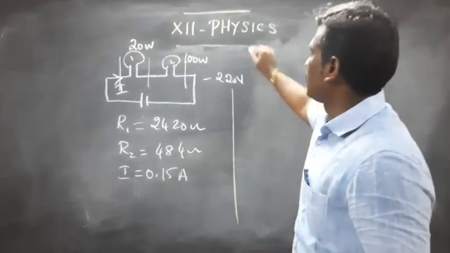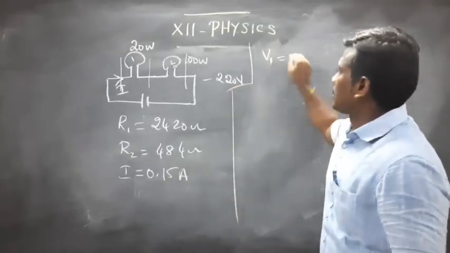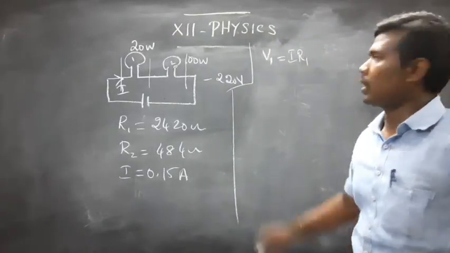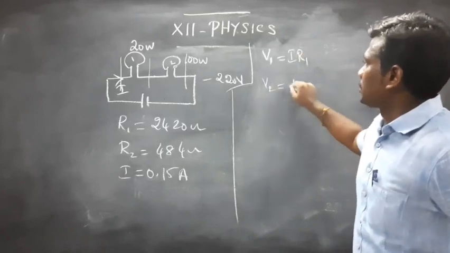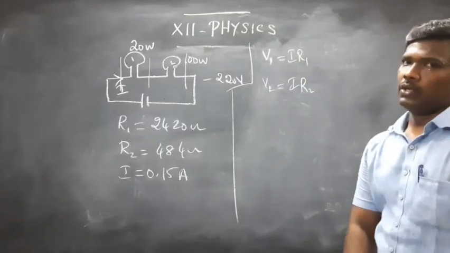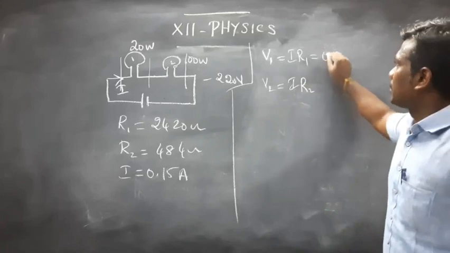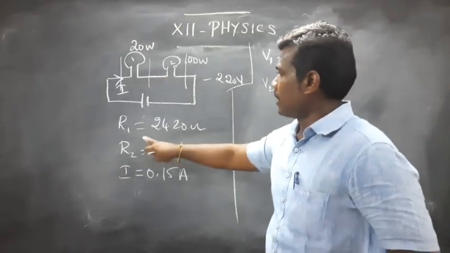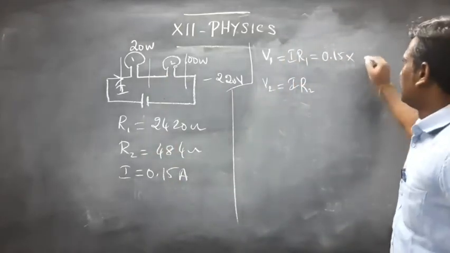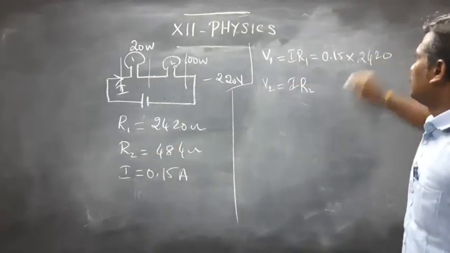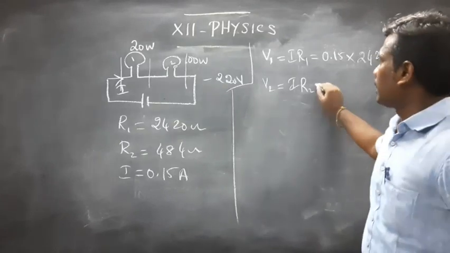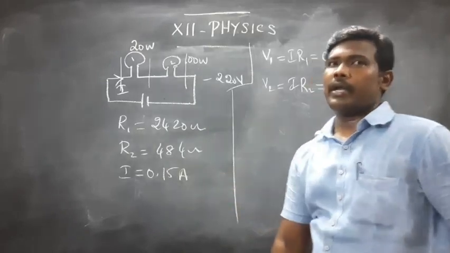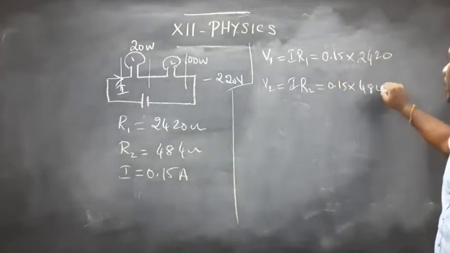To calculate the voltage across the first bulb, V1 is equal to IR1, since I is the same, and V2 is equal to IR2. Apply the values: the current is 0.15 and R1 is 2420, and for V2, 0.15 multiplied with the R2 value, 484.